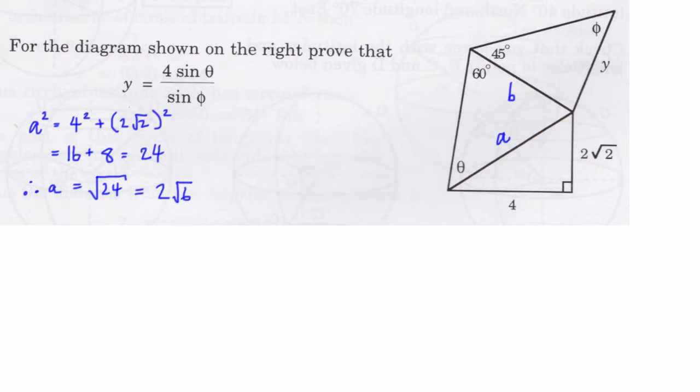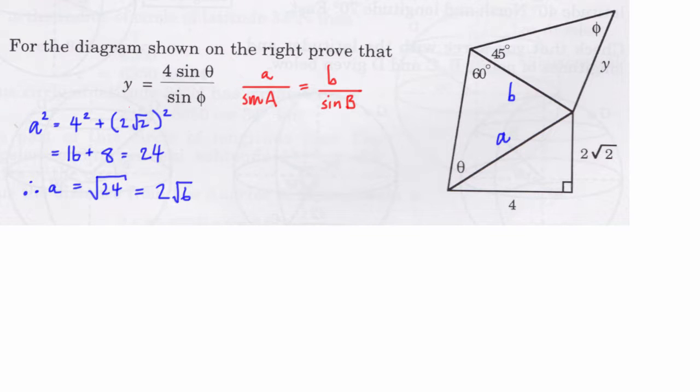Now, let's just do a quick refresher on the sine rule. That states that A over the sine of A is equal to B over the sine of B, equals C over the sine of C, and so forth. But we only have A and B, so this is all we're going to use.